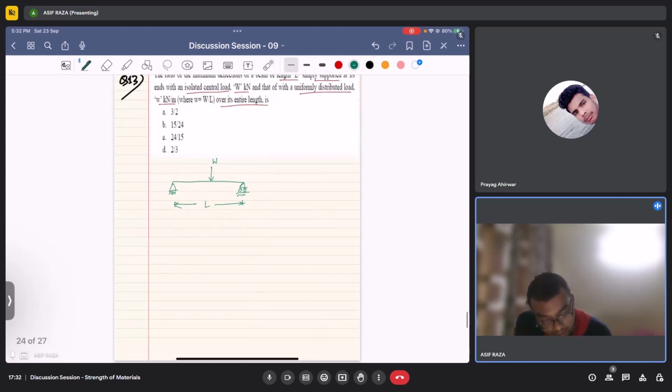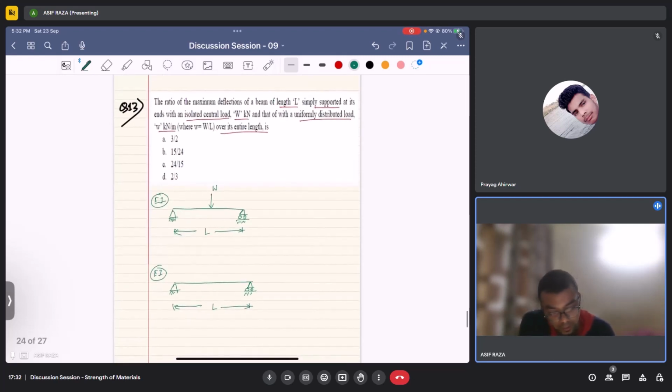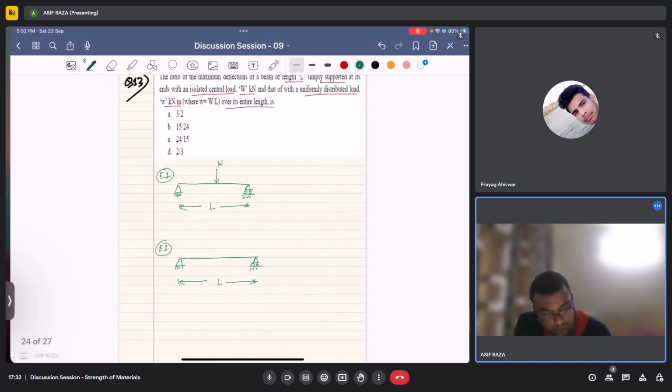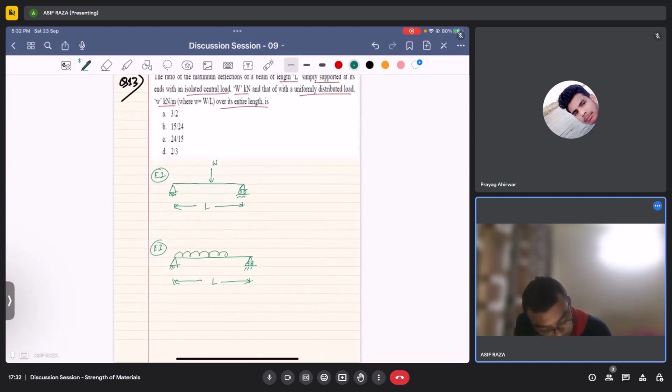The second case is a simply supported beam with the same span length L. For both cases, flexural rigidity is EI, and for the second case, there's a UDL acting all over, and its value is w kilonewton per meter, where w is equal to W by L. Okay.